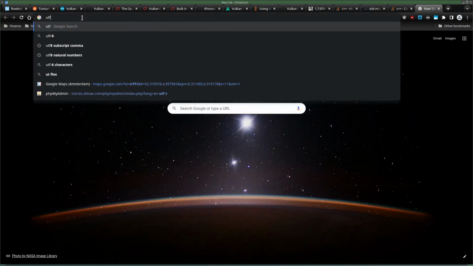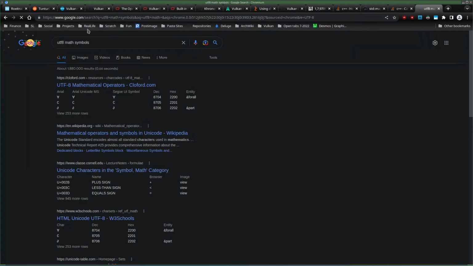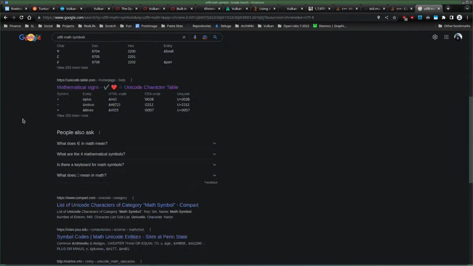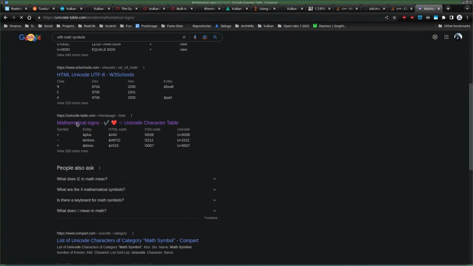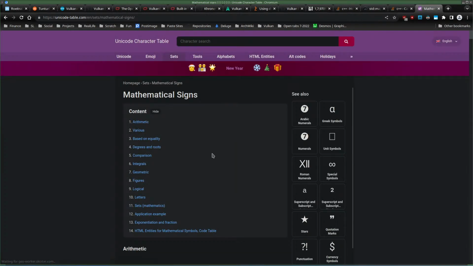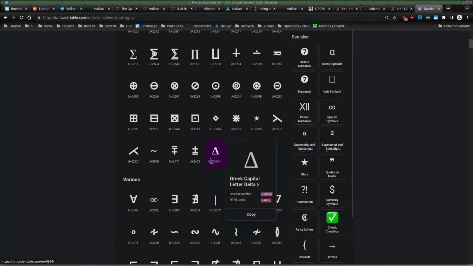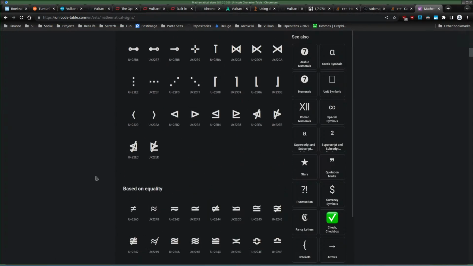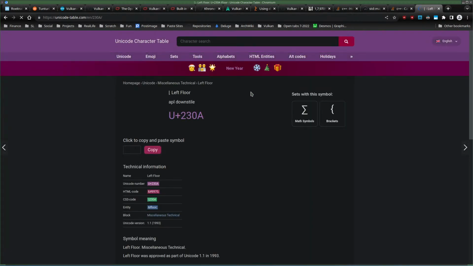I like this one. Yeah, floor. Left floor. So you see it's a vertical bar, but at the floor there's a little thing, so you can read it as a bracket, the opening bracket for the floor, which means you just round down.